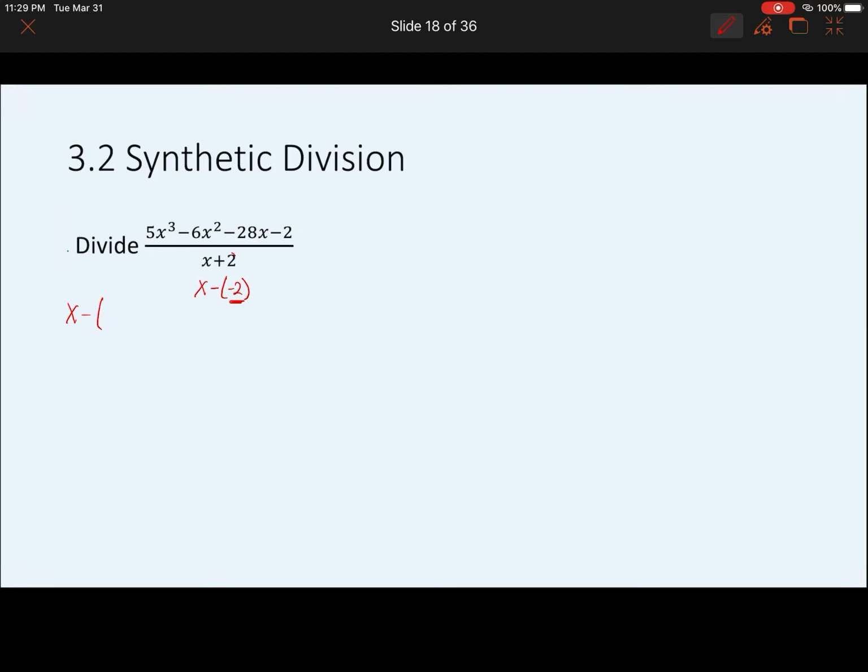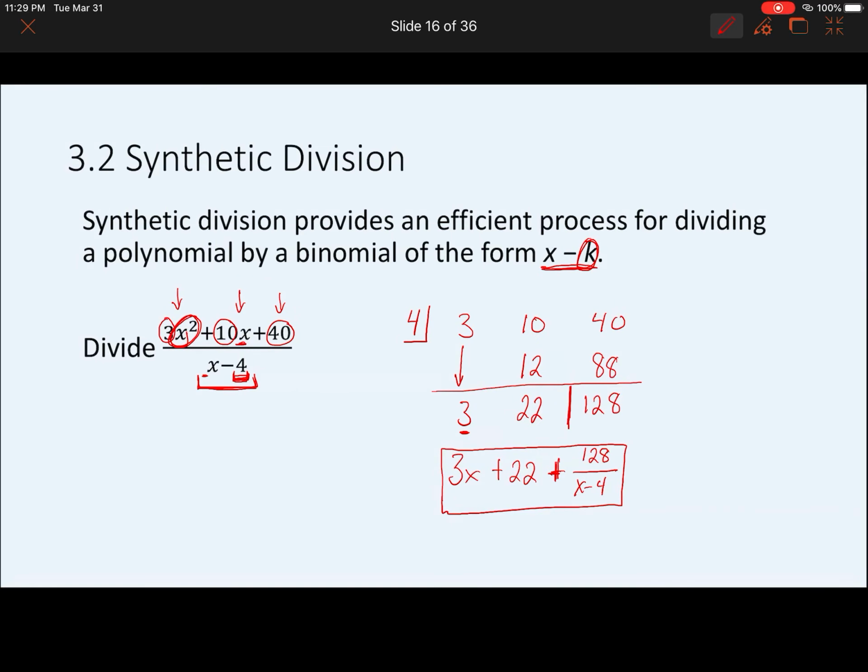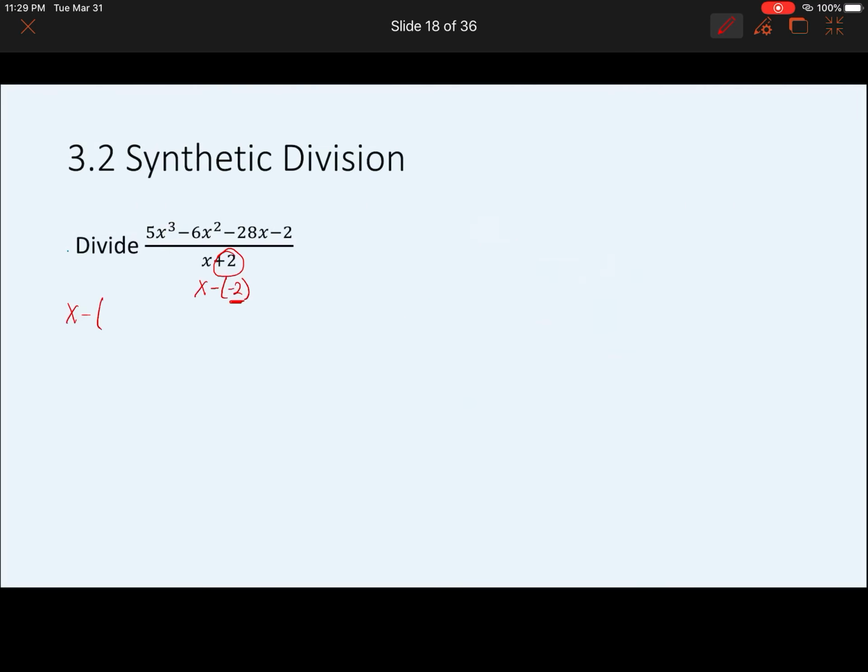What is a little bit different about this one is now the number that we're working with is going to be a negative 2. Because remember, our binomial has to be in the form x minus something, right? Well, x plus 2 is the same thing as x minus negative 2. So the negative 2 is the number we're focused on. An easy way to think about it is it's the opposite of this number.